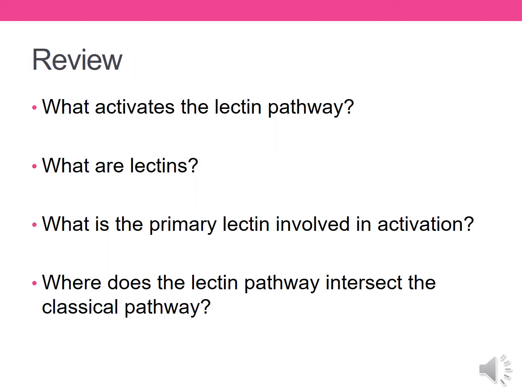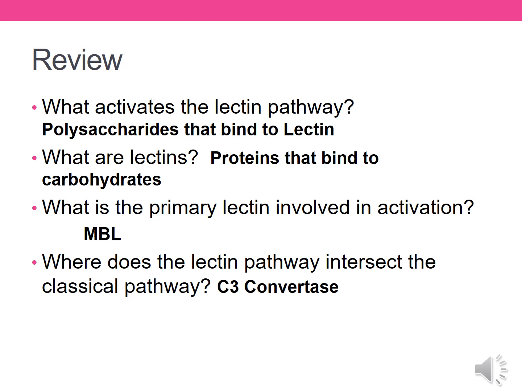So let's review the lectin pathway. Answer these questions and we'll go over the answers on the next slide. So what activates the lectin pathway? Polysaccharides that bind to the lectin.